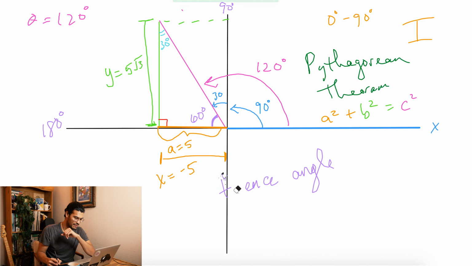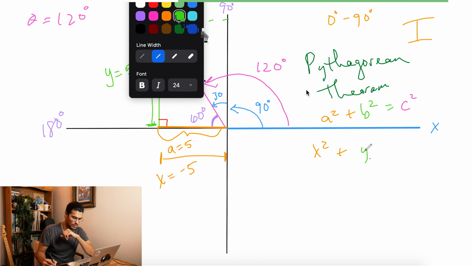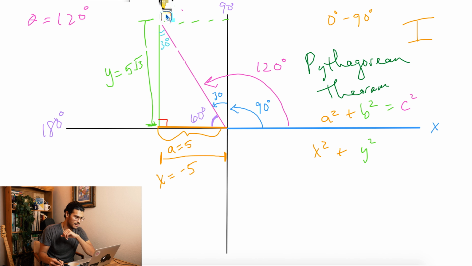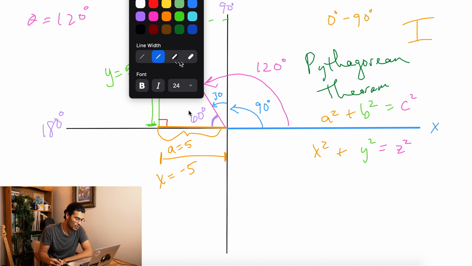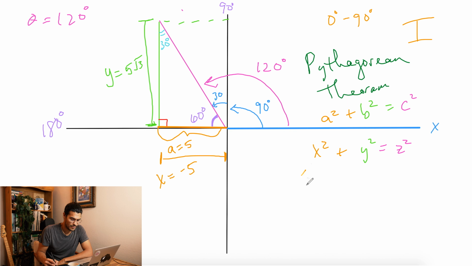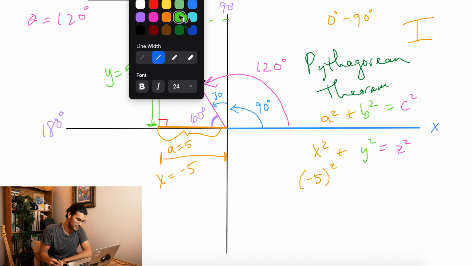Let's see what that means when we have X coordinates and Y coordinates. Okay? We have X squared plus Y squared equals, let's go ahead and call this Z squared for the sake of getting you used to that too. Well, X is -5. So remember, whenever we plug something in, we're going to plug it in with parentheses.